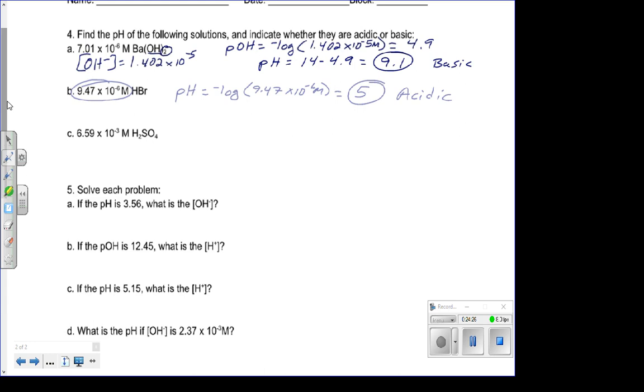And for letter C, it starts with H, but there's 2 H's in the formula. So we have to double this number to get our H3O concentration.